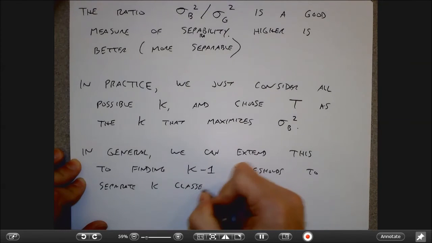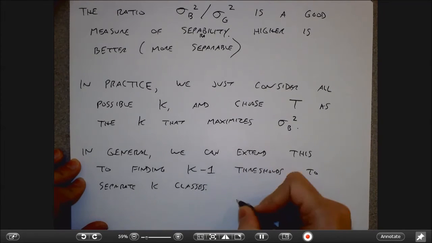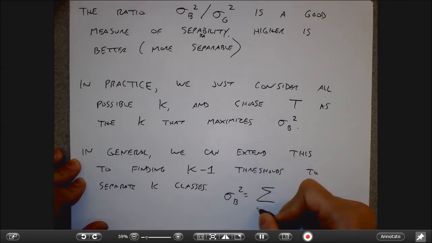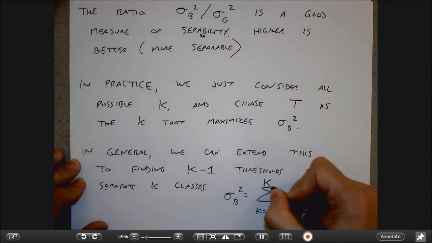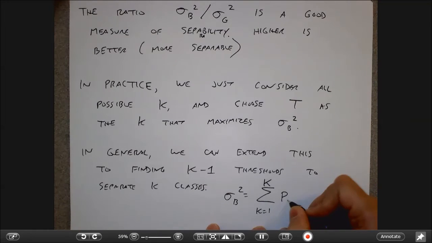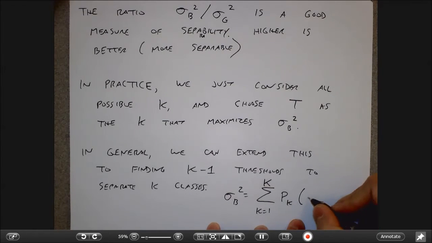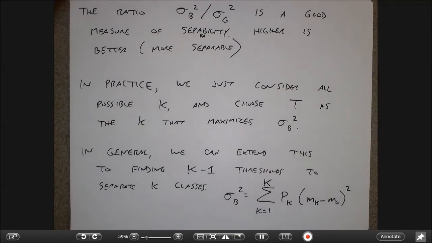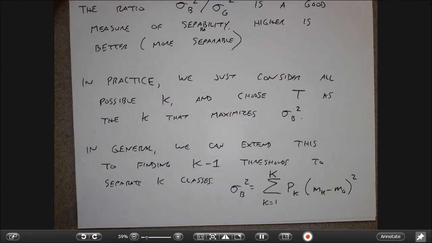In that case, I would have a new cost function that looks something like this, right? So I'd say, sum over all the classes, the probability of being in that class times the deviation from the mean, right? So I could make a more general Otsu.